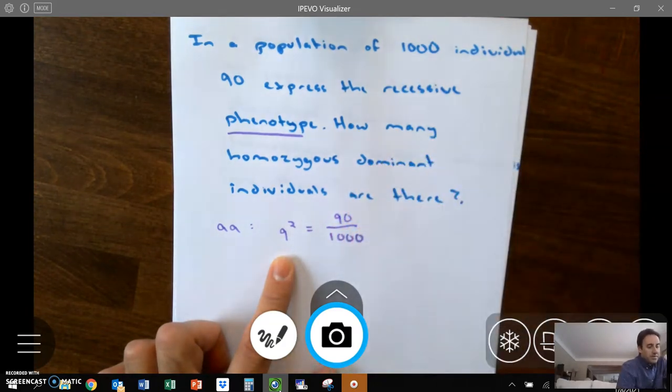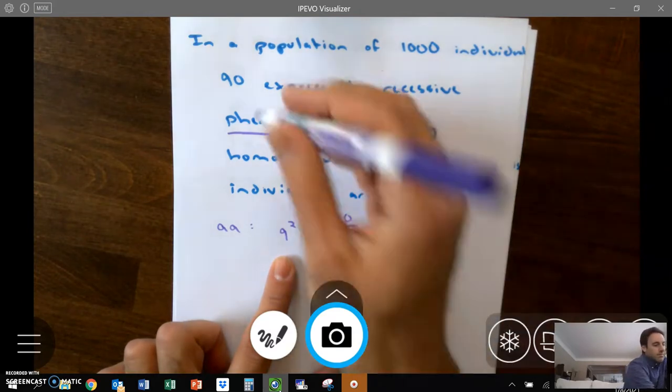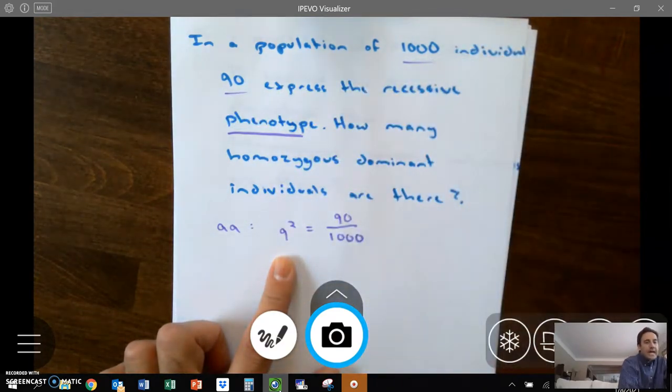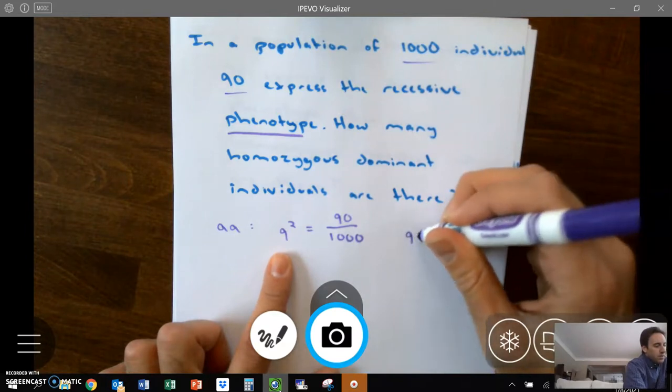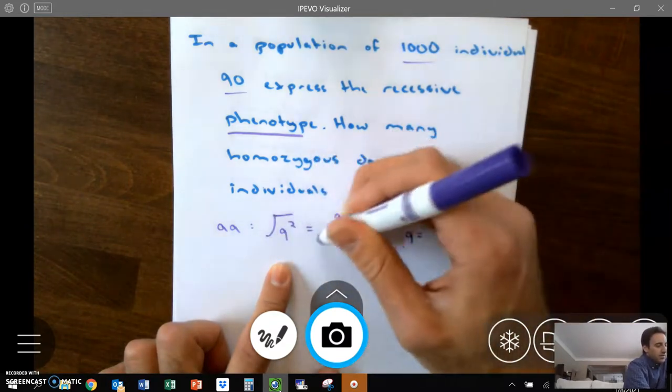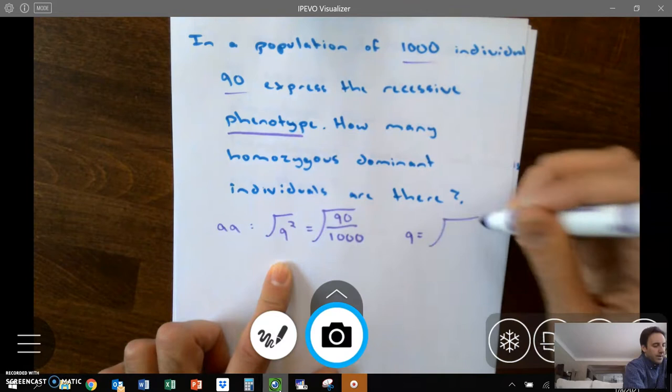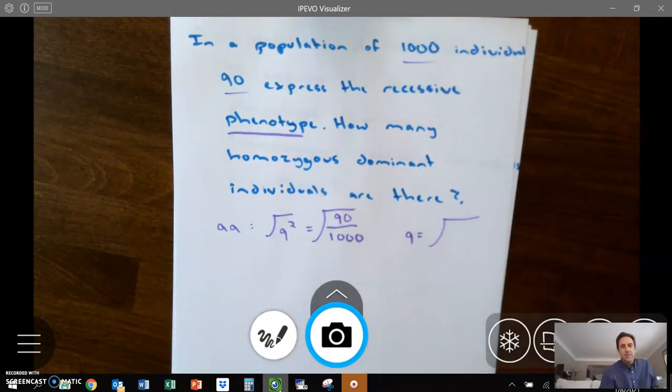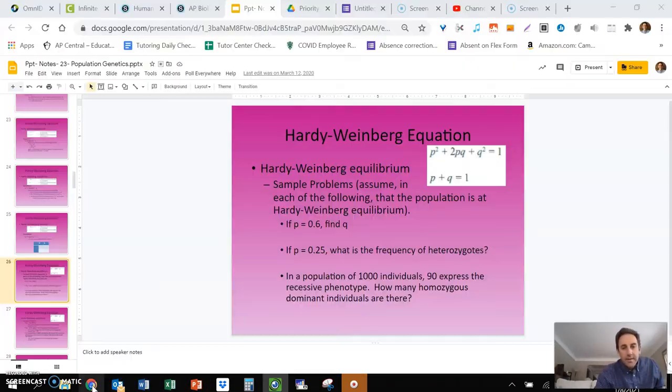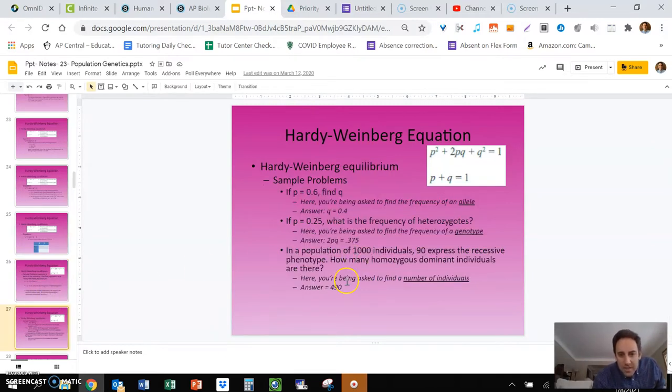90 over 1,000. And so to solve for Q, all you need to do is take the square root of each side of the equation. I should have grabbed a calculator. Well, that wasn't that hard, actually.